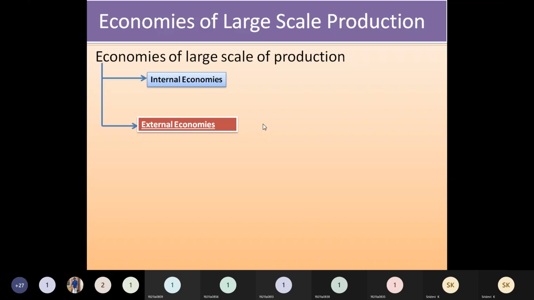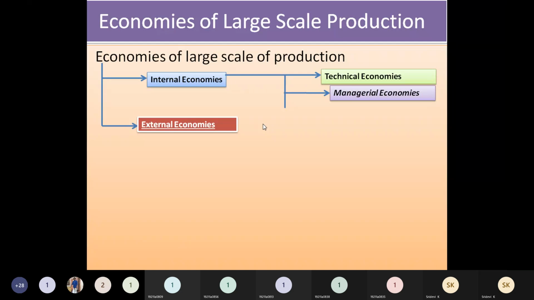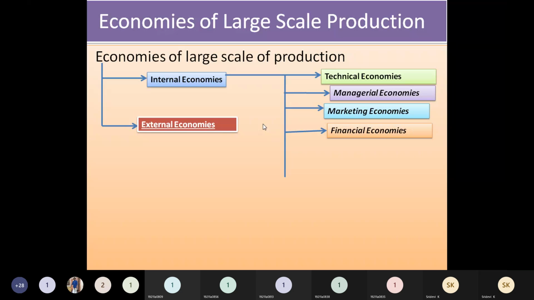We can divide internal economies into different types again. One is technical economies. Technically you are going to have certain advantages. First I am giving you a glance of all the economies. Later I will go in detail. So managerial economies, marketing economies, financial economies, risk-bearing economies.